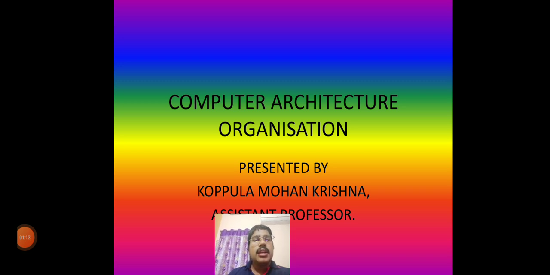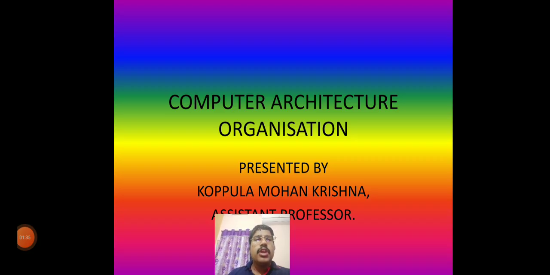So computer architecture means here we are going to know about the different components that are present in a computer and how they are interconnected, from where to where they are connected, and how they are going to be organized. Organization means all the components should work together in order to get the desired output.